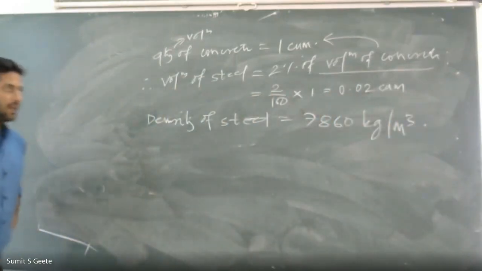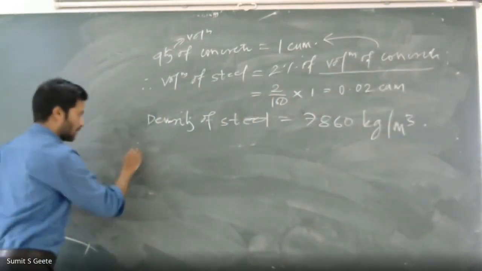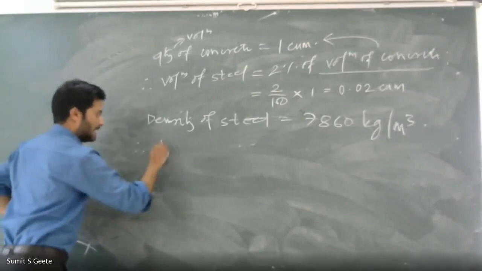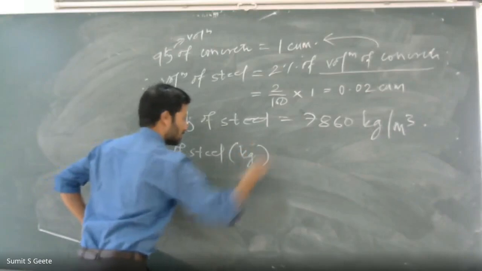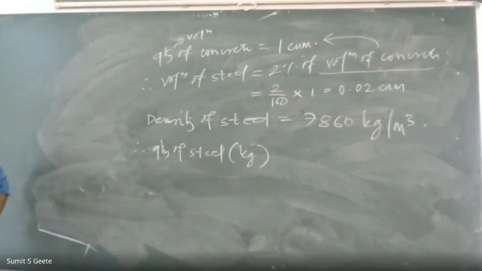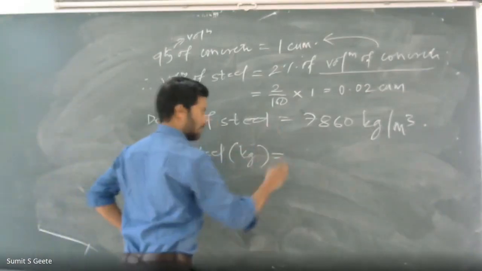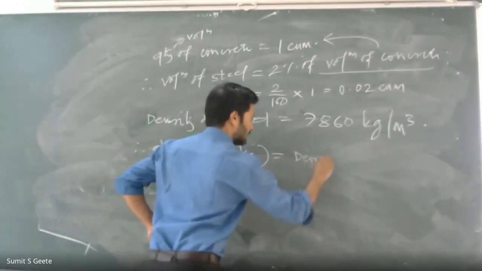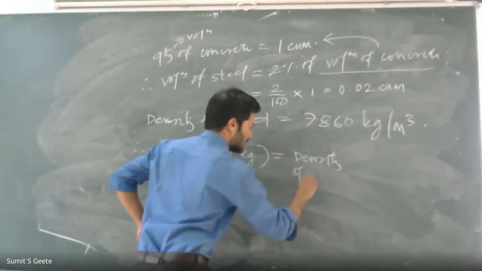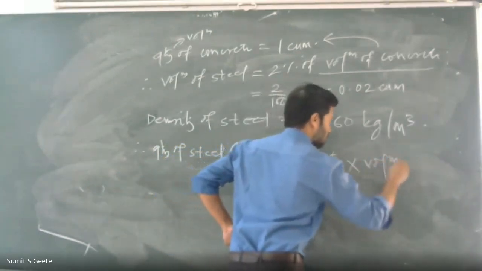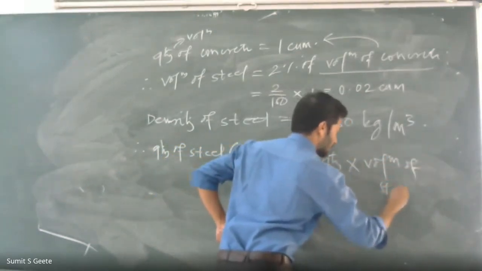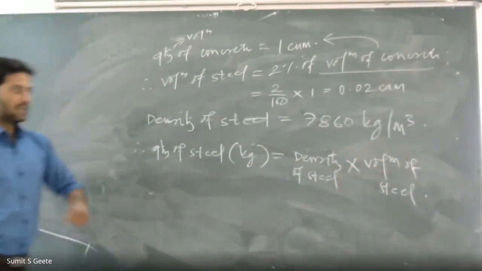Therefore, quantity of steel in kg is equal to density of steel multiplied by volume of steel.